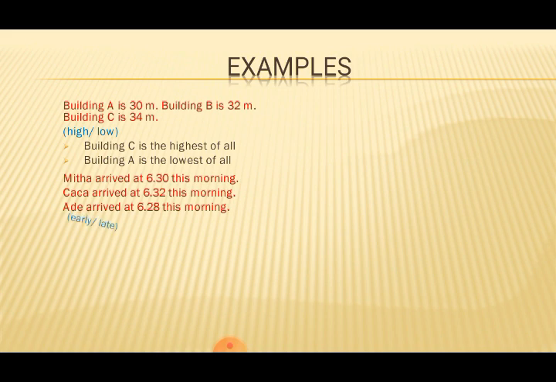The adjectives are early or late. Lebih awal atau terlambat, because we talk about time. Kita bicara mengenai waktu. The statements are: Caca is the latest. Caca adalah yang paling terlambat. Ade is the earliest. Ade adalah yang paling awal.